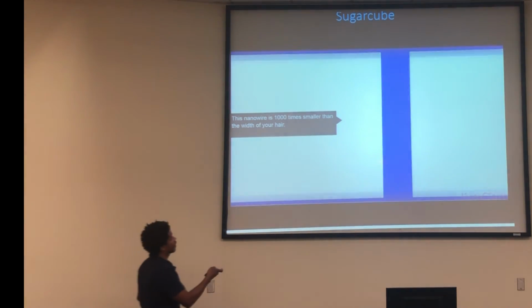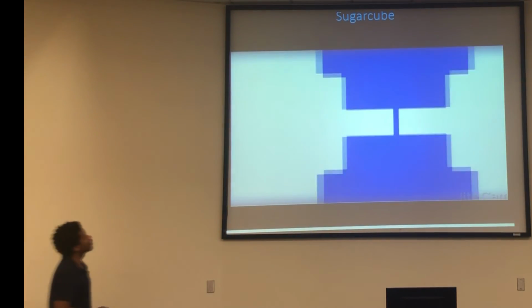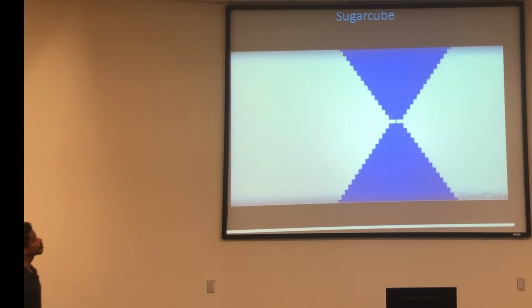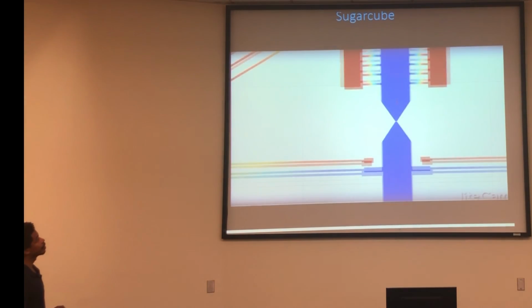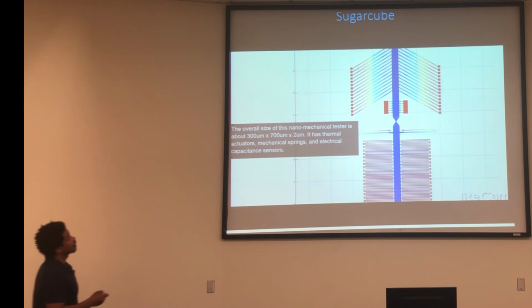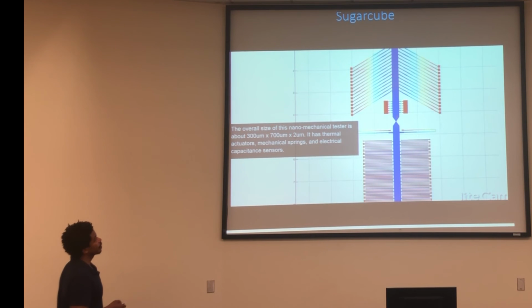So this is the width of a nanowire. These are the thermal actuators right here, and the flexures, comb drives.